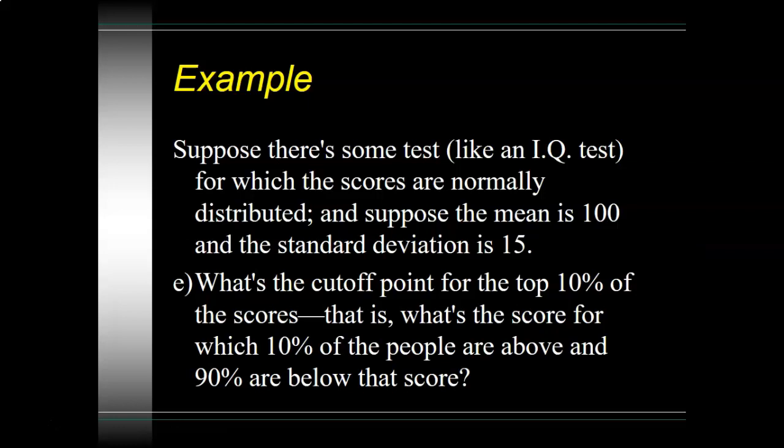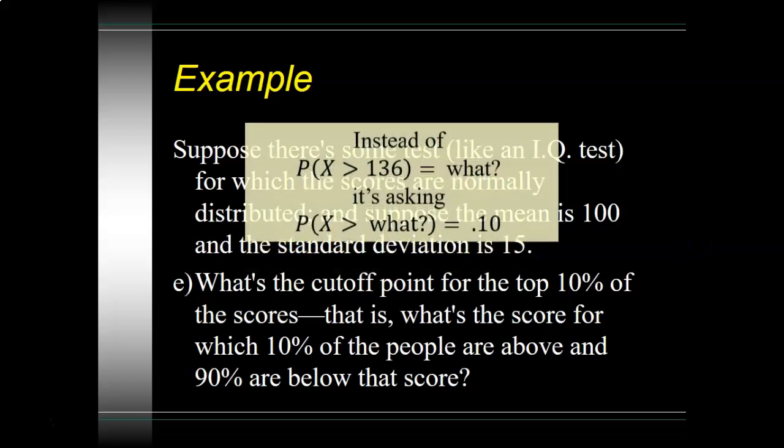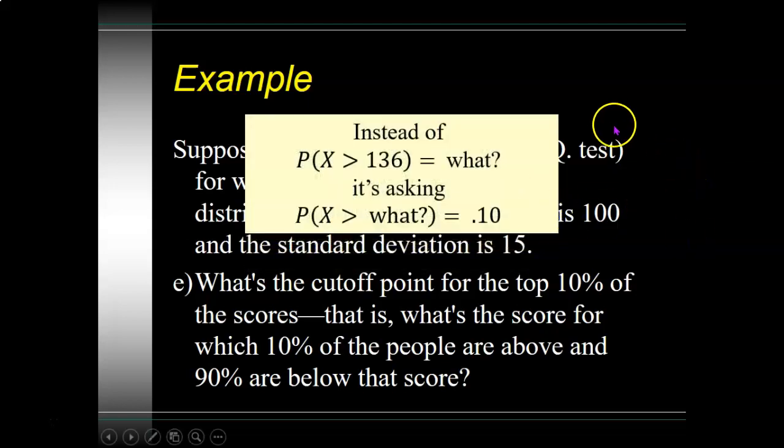The cutoff score that separates the top 10% from everybody else. Notice this is kind of the reverse of the kind of thing we were doing before. Instead of asking, what's the percentage of x's that are greater than 136, it's asking the percentage of x's that are greater than what is 10%.